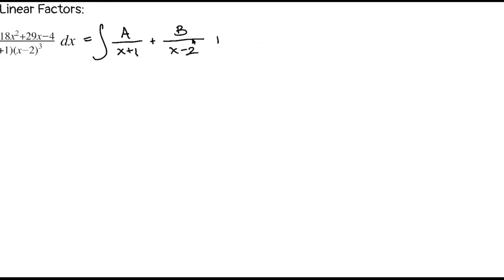What about the next denominator? X minus 2 squared. Perfect. X minus 2 squared. And the numerator? C. Beautiful. And the last one? D over x minus 2 cubed. Beautiful. There we go. Cubed dx.